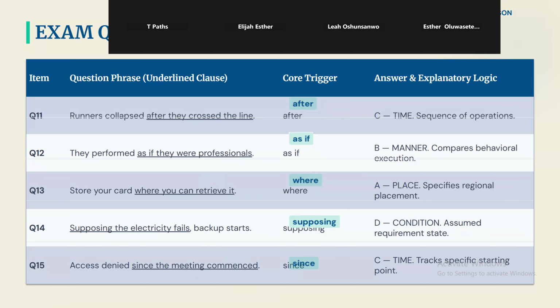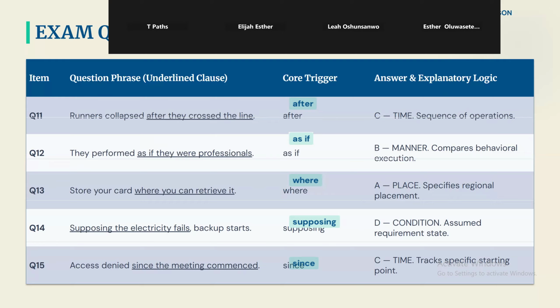As if is the trigger word for what? Manner. It explains behavior, the mood of the verb there, the verb and the pronoun. As if they were professionals. You can see it explains the behavior, the behavioral execution.